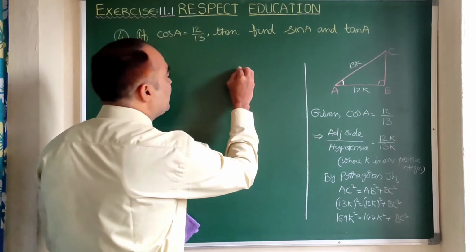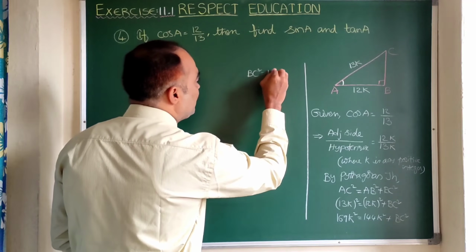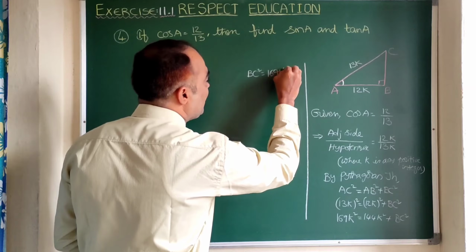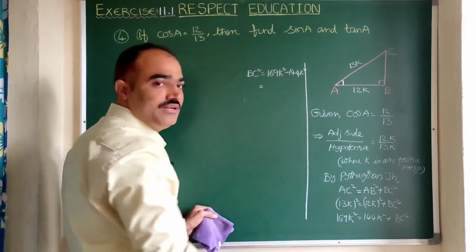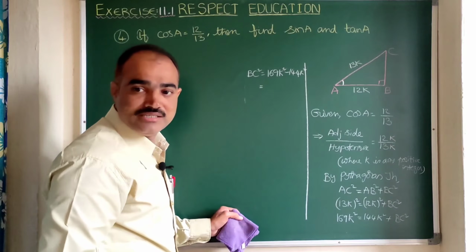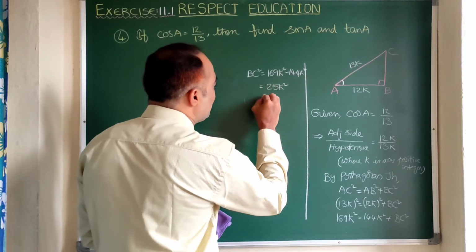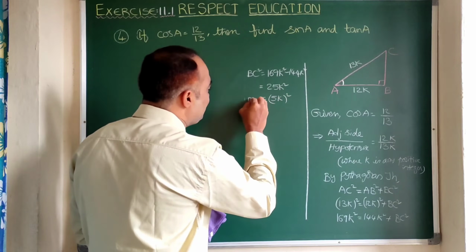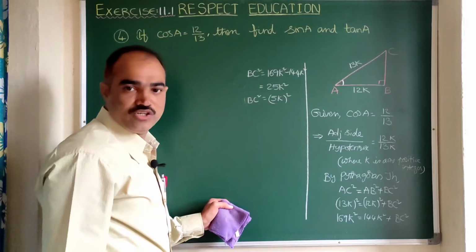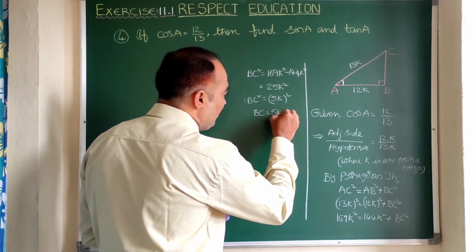So BC square is equal to 169 k square minus 144 k square. On subtraction how much will we get? 25 k square. So this is 5k whole square. This is BC square. On taking square roots on both sides, we get BC is equal to 5k.